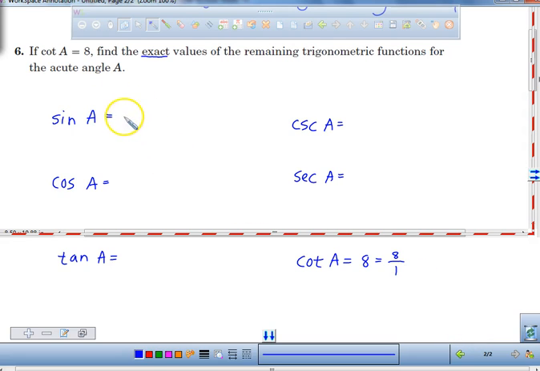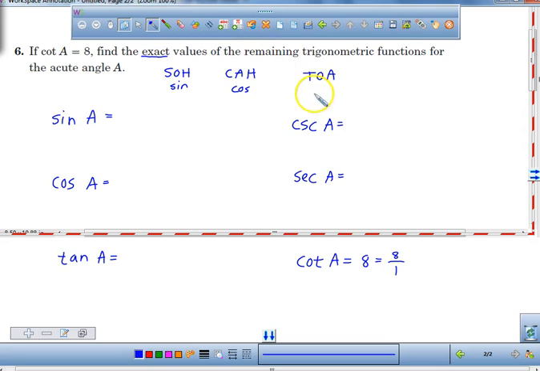Now what I'd like us to do is do a quick little review. You guys probably have seen this many times before. We're just going to utilize it. SOH represents the relationship of sine, CAH cosine, and TOA tangent. Okay? So what are the relationships?